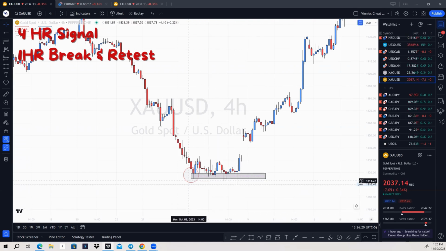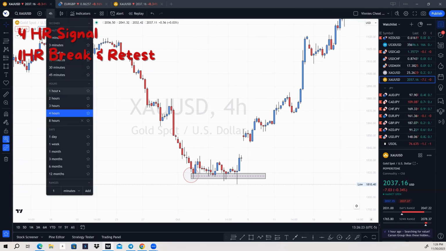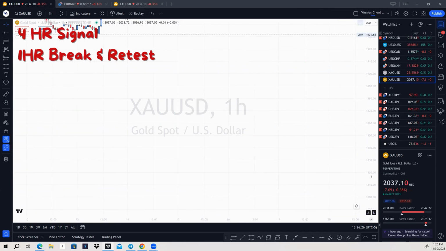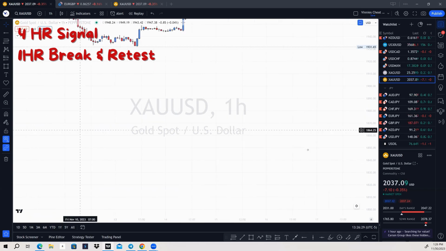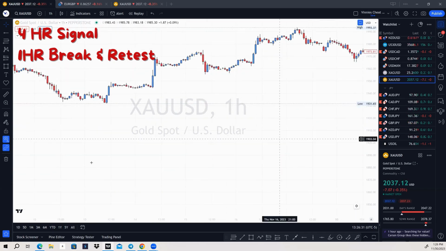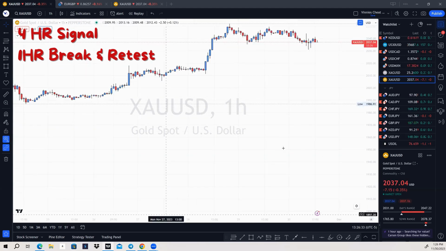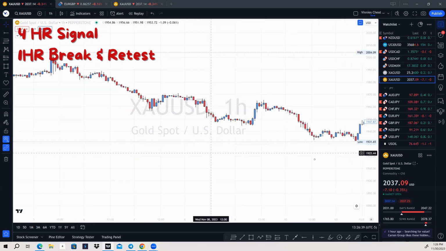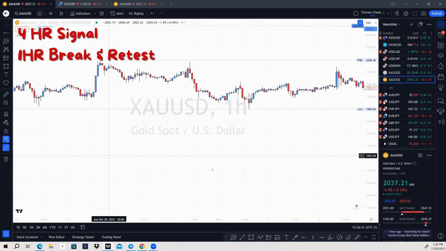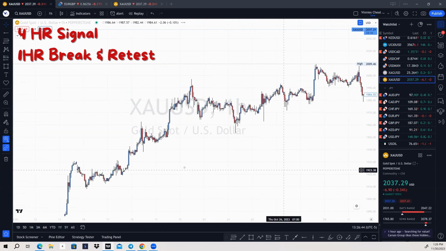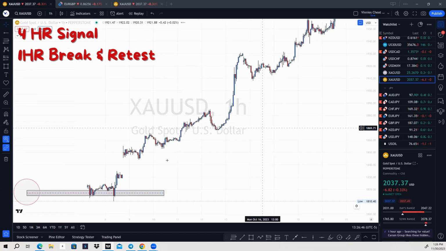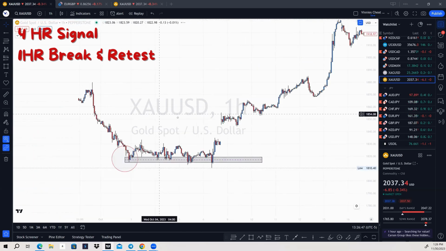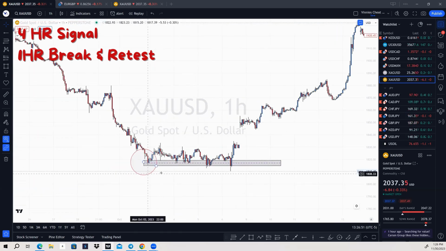Once that happens, you want to go to the 1-hour time frame, and the retest is just simply price coming back to retest this demand area.